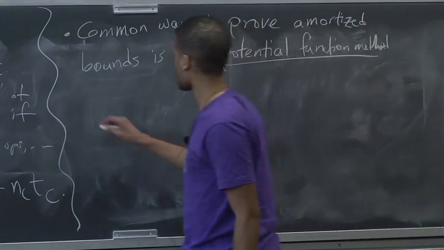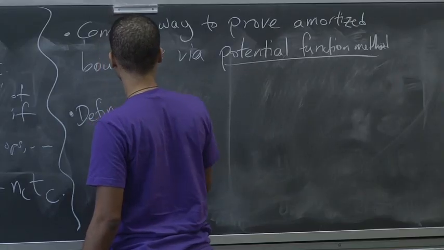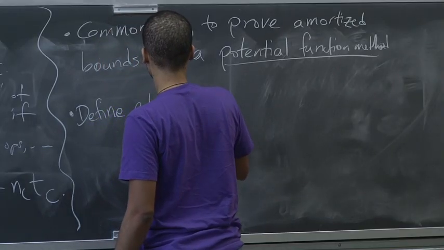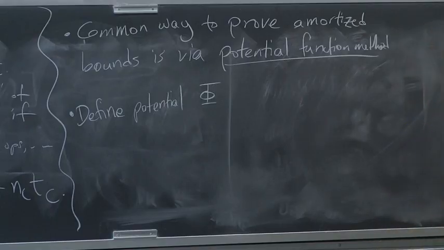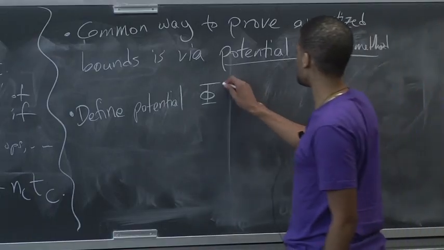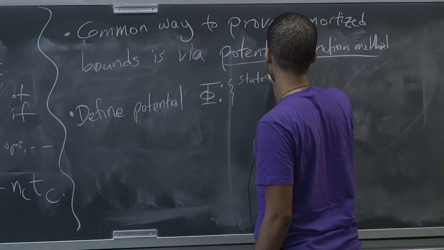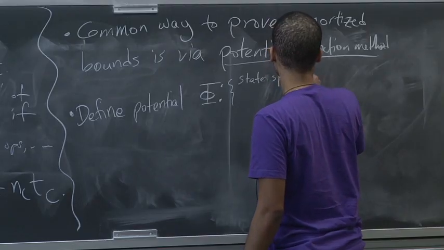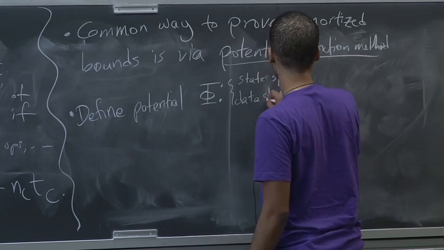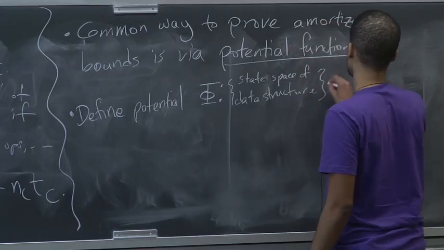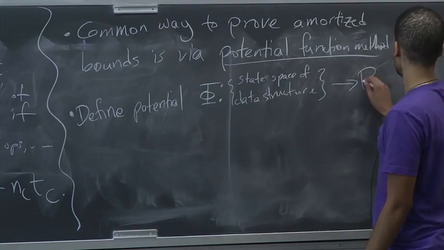We define a potential function, call it phi. It maps a state space of our data structure into non-negative reals, let's say.